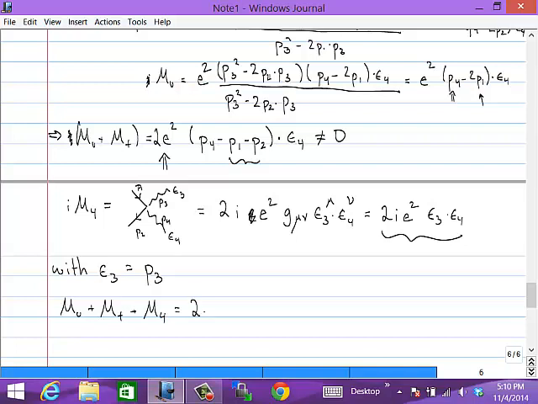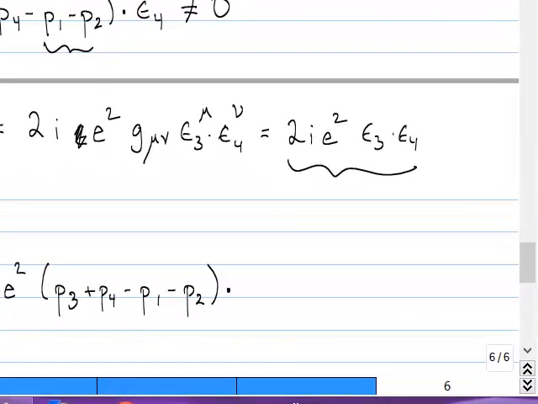So altogether you get 2e squared times p3 plus p4 minus p1 minus p2 dotted in with epsilon 4, which vanishes by the conservation of momentum, by the fact that all of these diagrams conserve momentum.